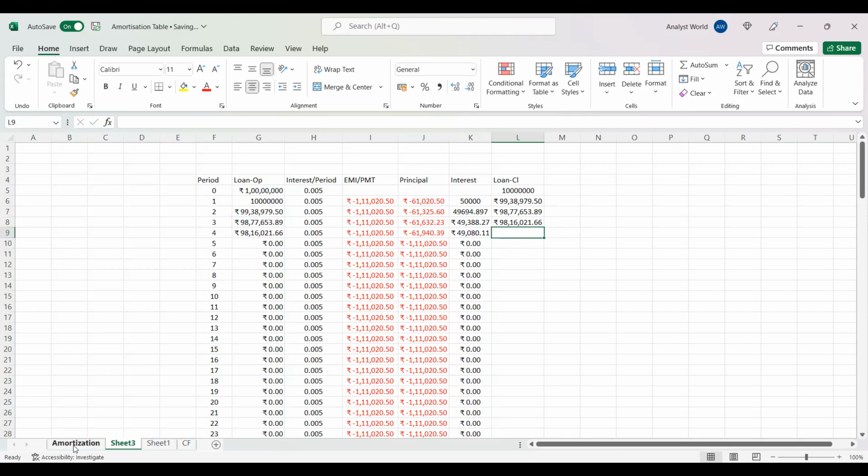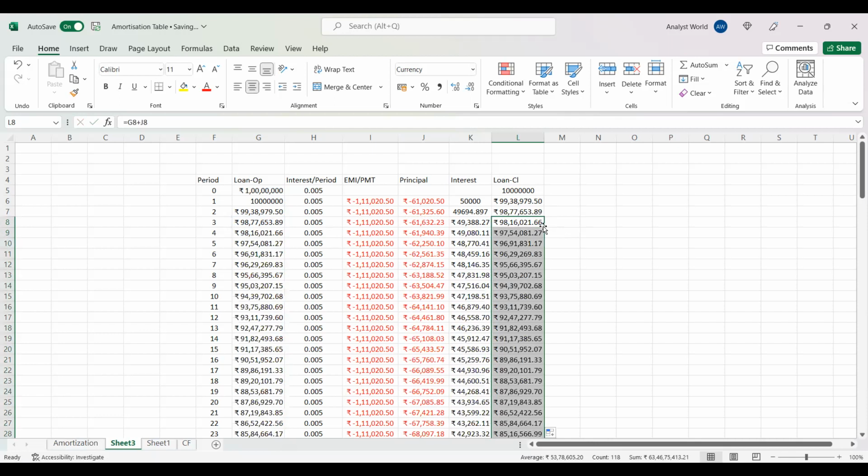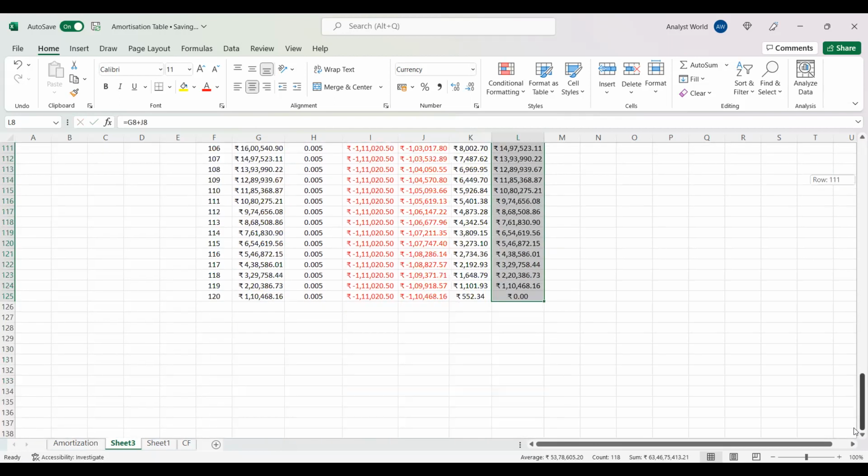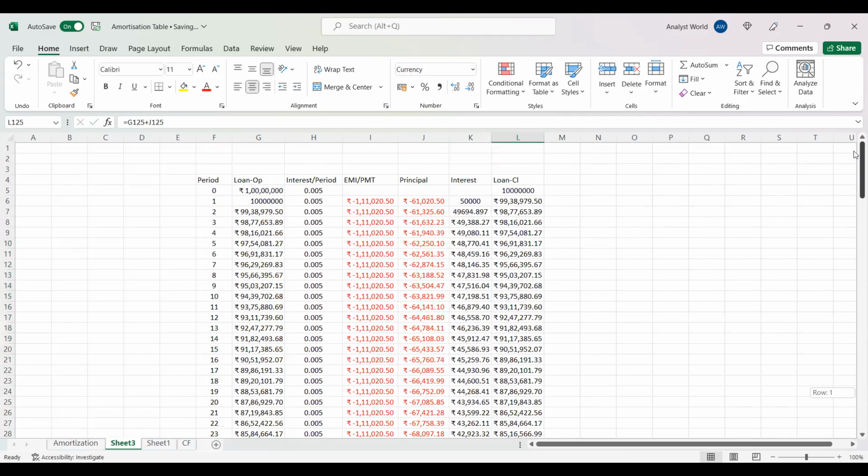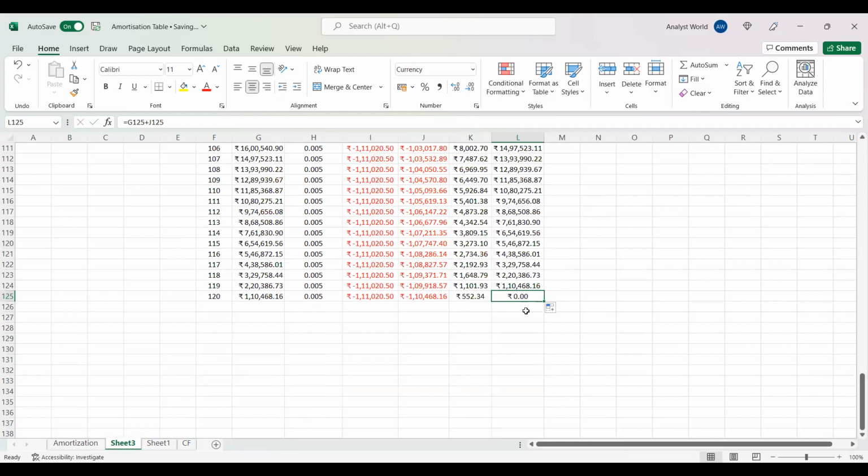Am I right? And we have done it correctly. The proof of this is that the closing loan balance at the end of 120 months happens to be 0. Can everybody see and confirm that this is exactly the case?